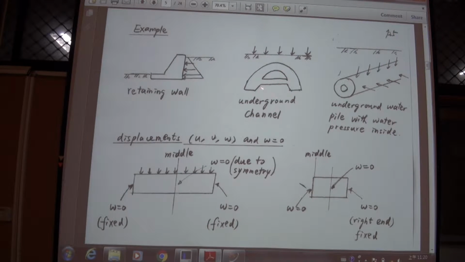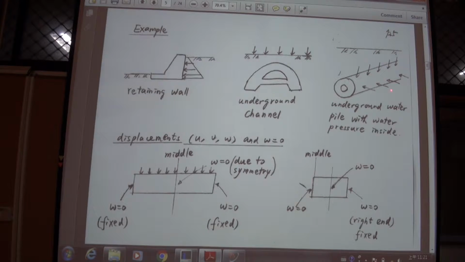Another practical example is this. For example, we bury an underground channel under the ground. Above the channel, there is some soil pressure, and every cross section of the channel is the same. This is the second example.